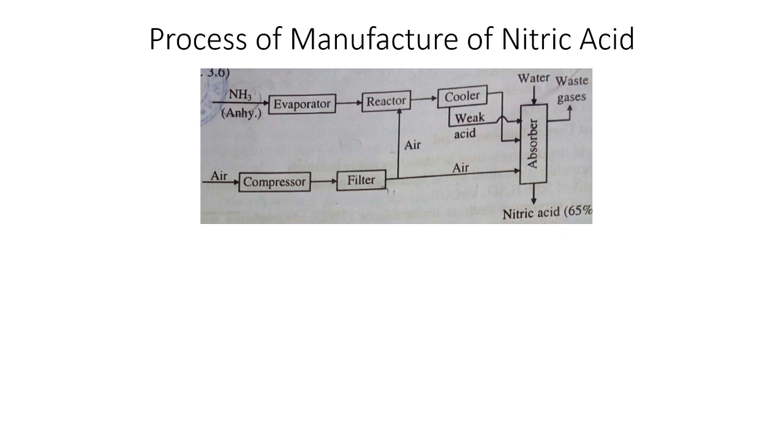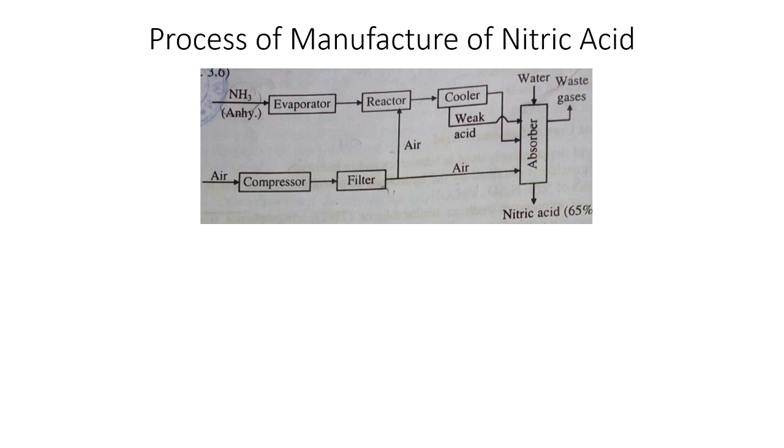How is it heated? By passing through a heat exchanger. So this preheated air, which is compressed at 6.8 atmosphere and filtered, is sent to the compressor. That is one more reacting material.